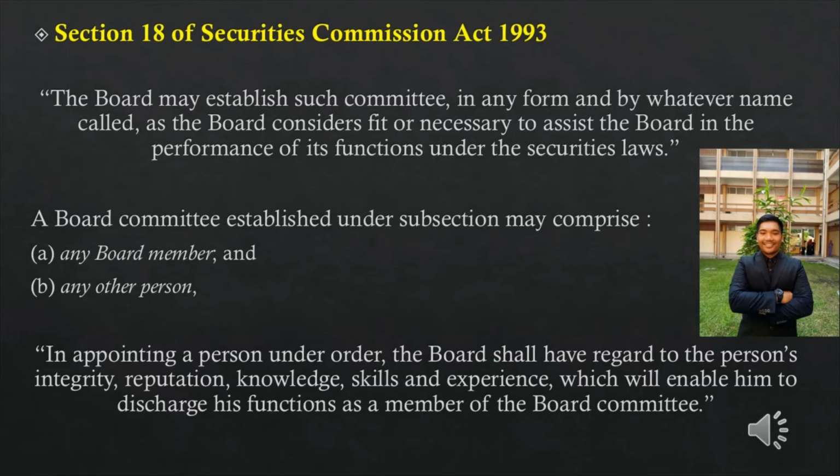How to make a committee member? First, from any board member. Second, any person, but the board should regard the person as having integrity, reputation, knowledge, skill and experience which will enable him to discharge his functions as a member of the board committee.